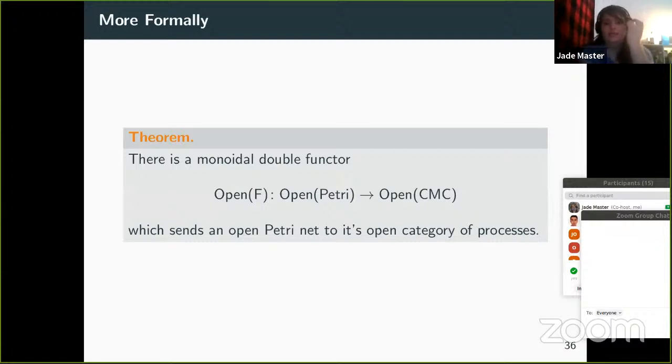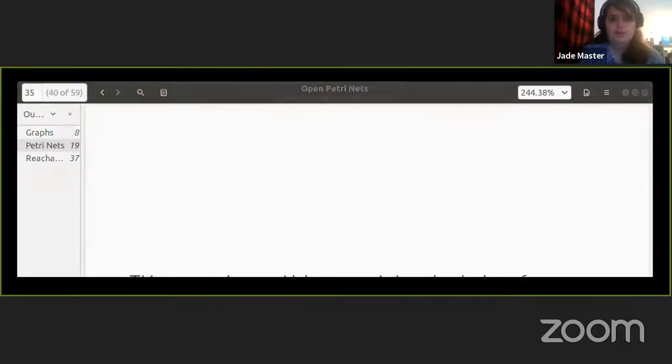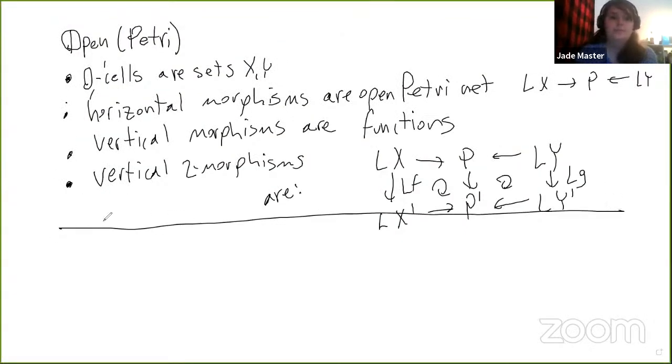And similarly, you can do the same thing for open commutative monoidal categories. Make a category where the objects are sets. Oh wait, I forgot to, so let me go back to the whiteboard. Right, so that's open Petri. You can also talk about open commutative monoidal categories, open CMCs. And an open CMC is a cospan.